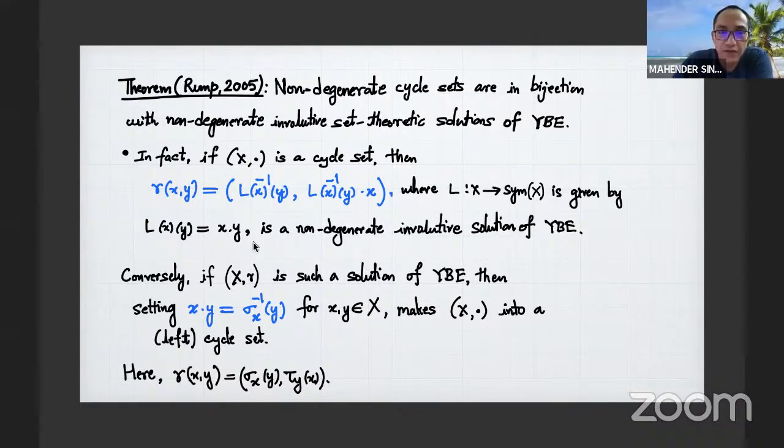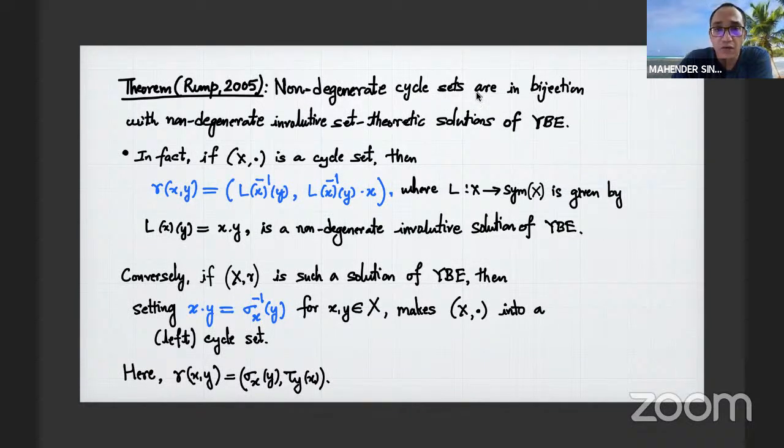Conversely, given such a solution, one can define a cycle set structure by setting x·y to be sigma_x^{-1}(y), where sigma_x is the first component of the solution. Here R(x,y) is written as (sigma_x(y), tau_y(x)). So now we know that a special class of solutions, namely non-degenerate involutive set theoretic solutions, are classified by these algebraic objects.